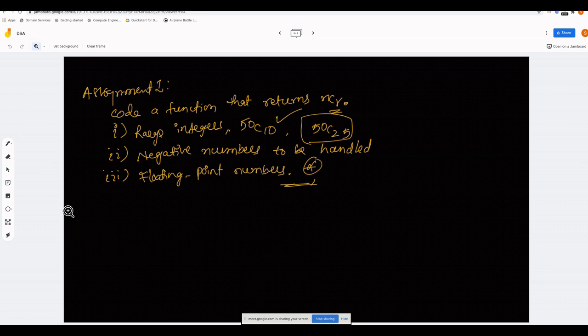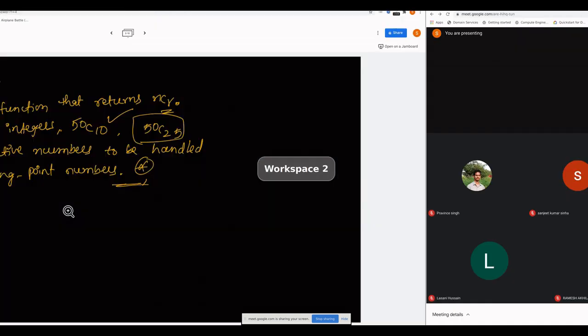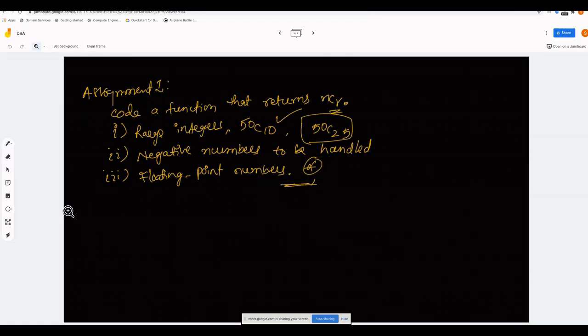So what I was saying here is, I'm not asking you to evaluate 1 plus r plus so on. What you need to give is, you need to return, let's say, a double nCr, for example. In fact, you can even write two functions here. One would return int or long for that matter.